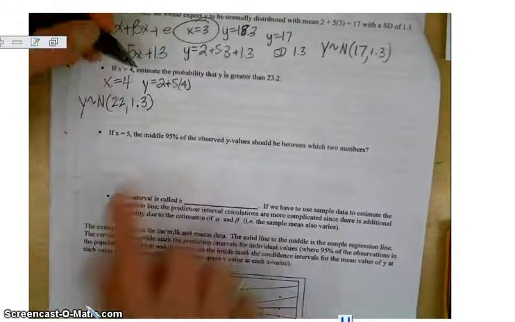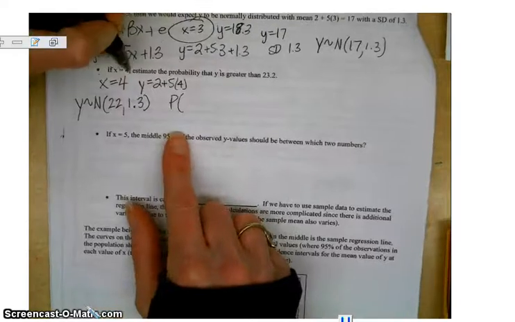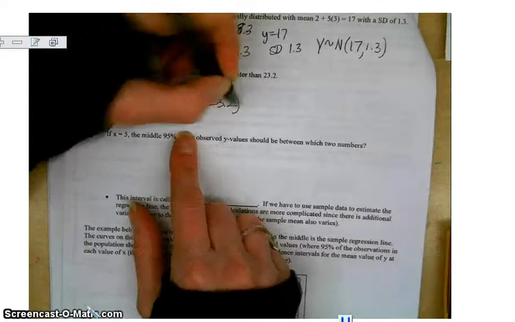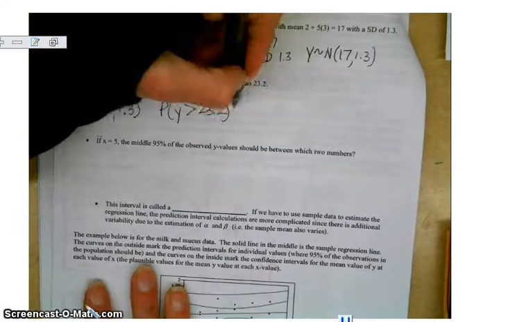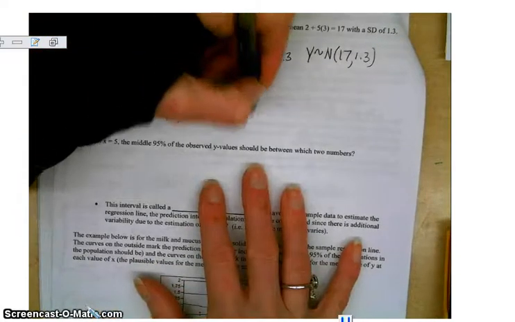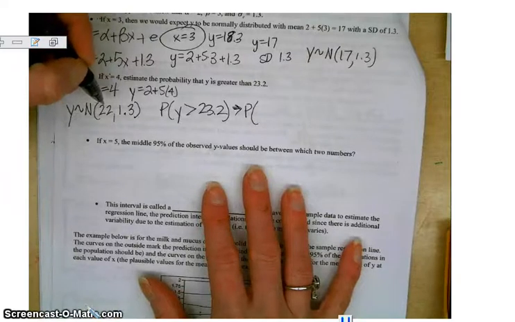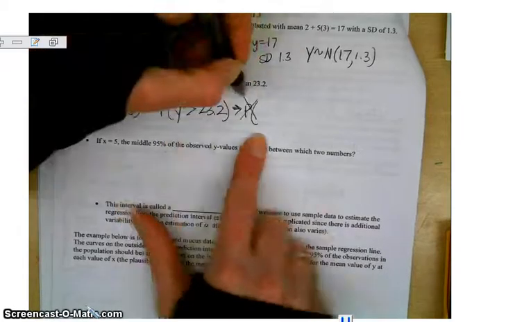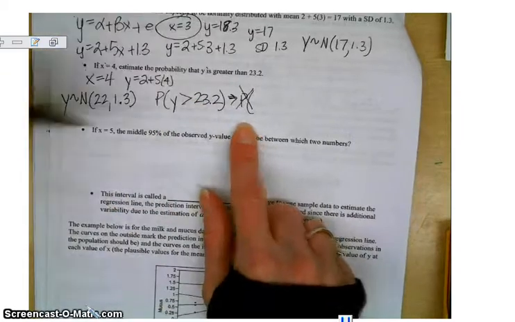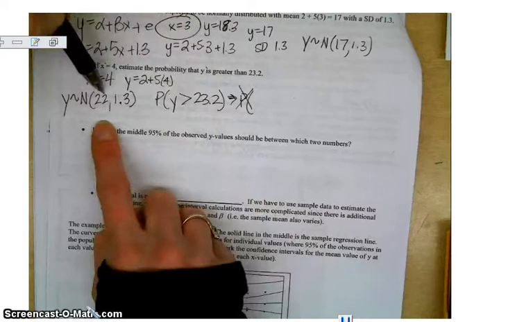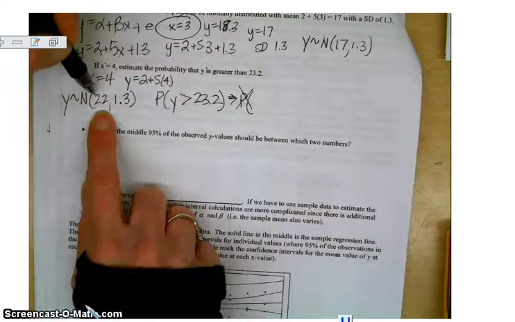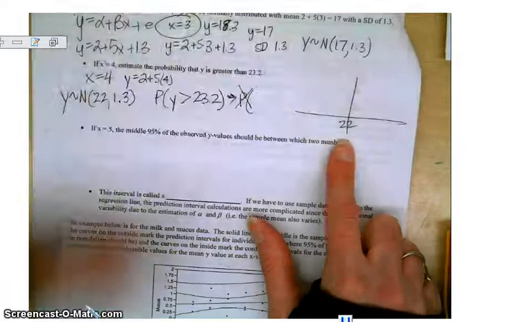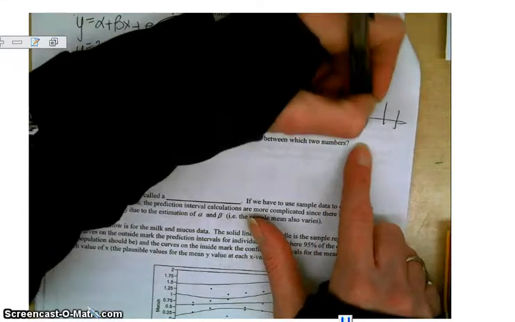So now we want to know what's the probability that y is greater than 23.2. We don't need to write another probability statement. Y should be normally distributed. So from here we can just say, if it's normally distributed, it looks like this, with a mean of 22 and a standard deviation of 1.3.